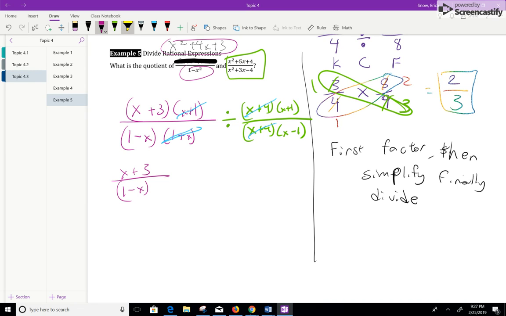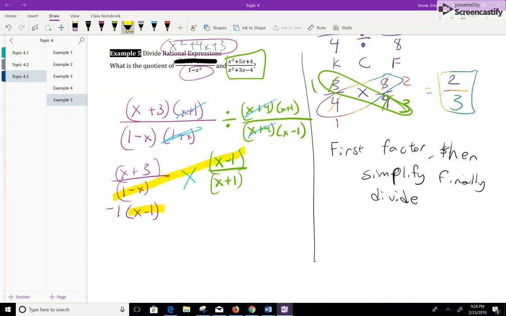And then we're going to change our division to multiplication. And then we're going to rewrite this as x minus 1 over x plus 1. Now, when we cross cancel, so when we look here, these again are exact opposites of each other. 1 minus x and x minus 1 means that we can turn this into negative 1 times x minus 1.